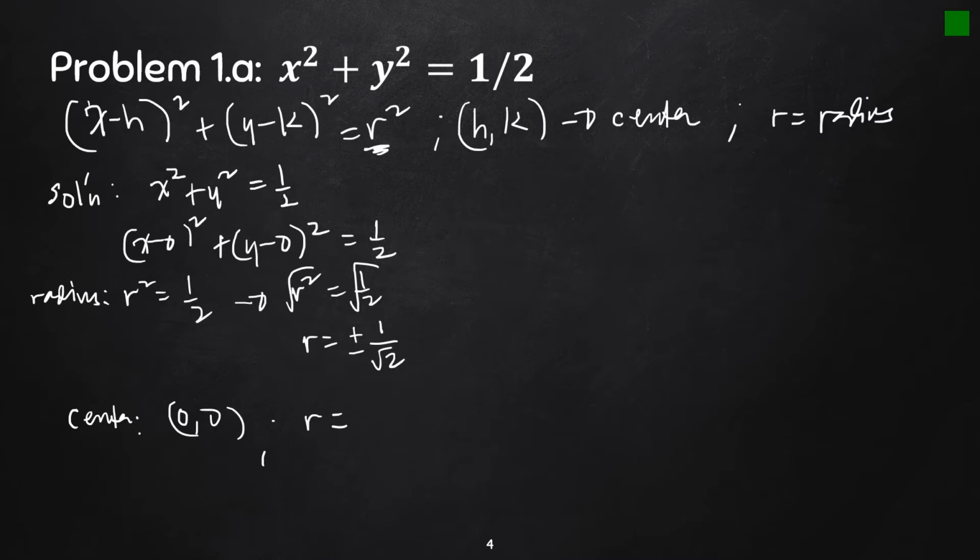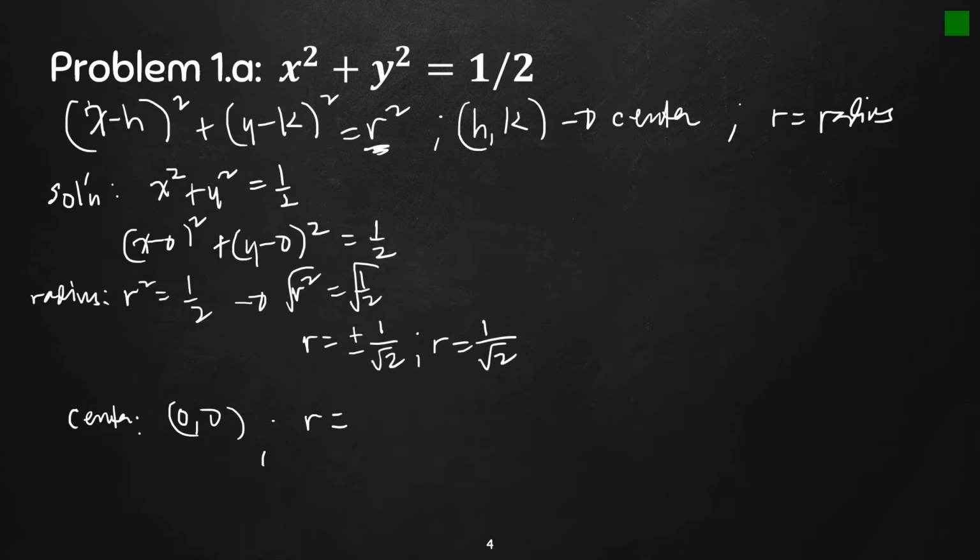Now, it is on the condition that x minus h quantity squared plus y minus k quantity squared equal to r squared is the standard form of the equation with r greater than 0. So if r is greater than 0, then the r value that we need to get from here is the positive 1 over square root of 2.